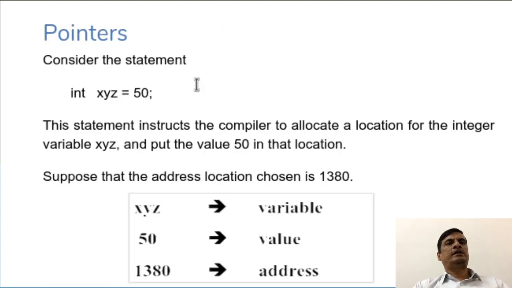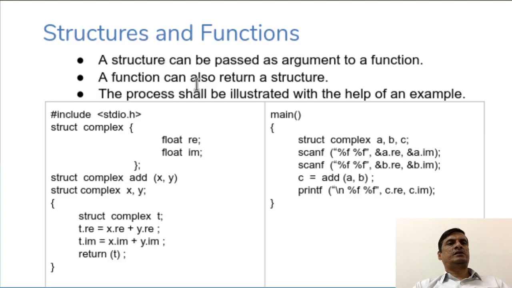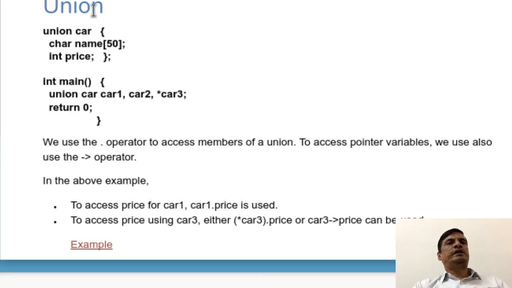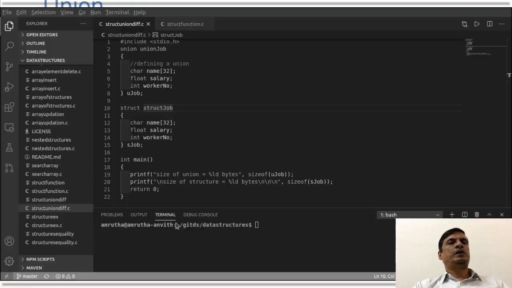Before understanding pointers and the other related concepts, we will understand a simple example on how you differentiate between a union and a structure. How you differentiate between union and structure is with respect to its size. As I told earlier, union is going to be allotted the memory of whichever member variable is the largest. So to illustrate that, we go through a simple program.